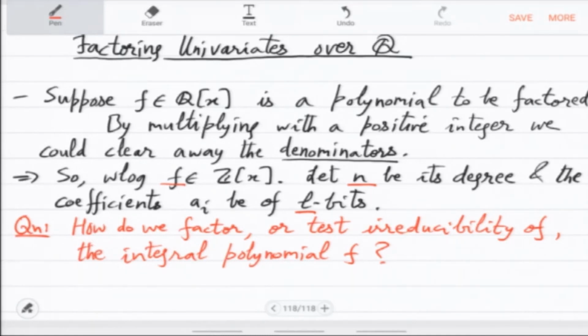This is not a very easy question. The only factoring technique that you have seen till now was in the case of finite fields, but there you used the Frobenius map. So, this x to the p minus x was used. Now, that has no applicability here.